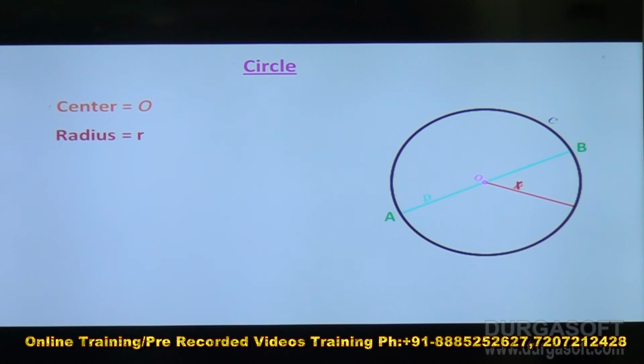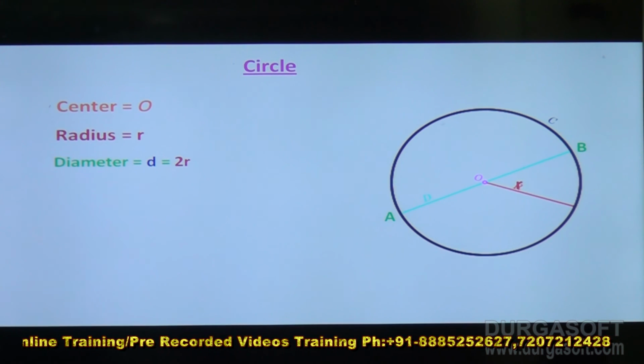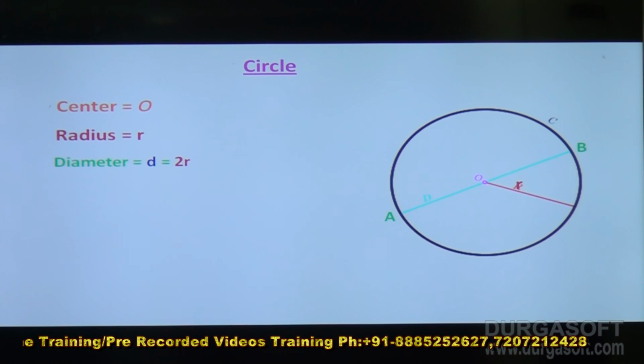The radius is half the distance across from the center, and the diagonal is taken as D, which is 2r, right? The diagonal is a combination of 2 radii, that is half diagonal is the radius, the complete diagonal will be 2r.